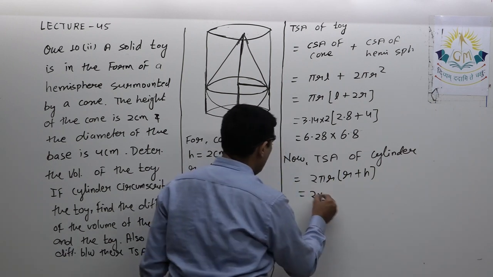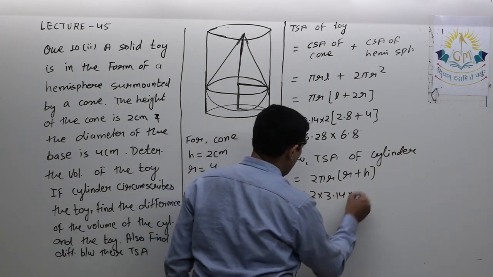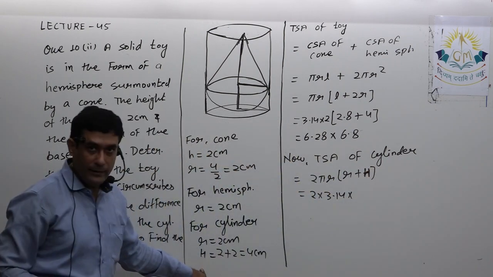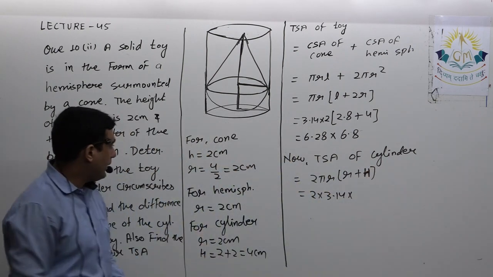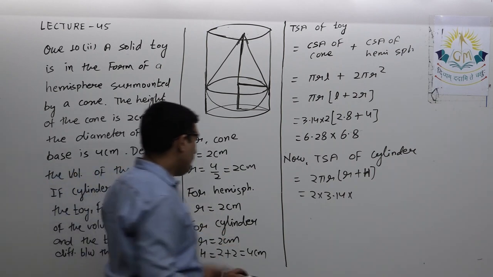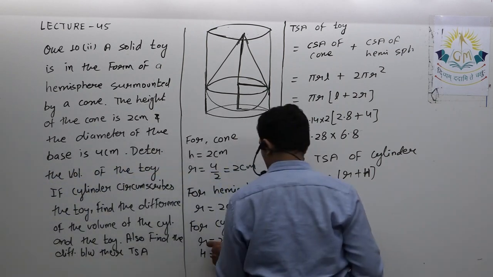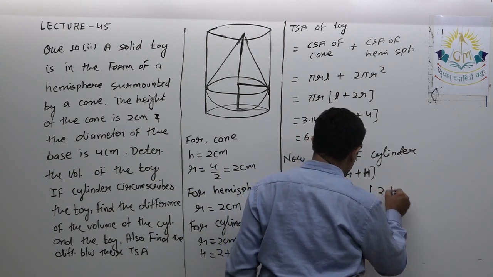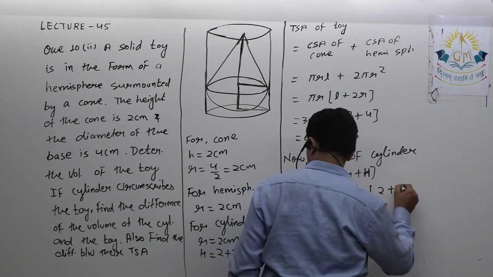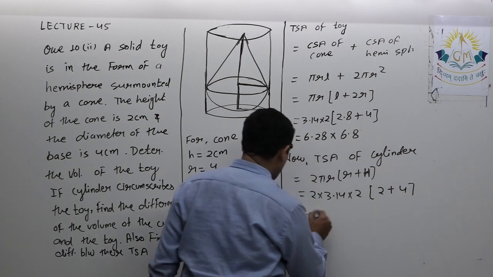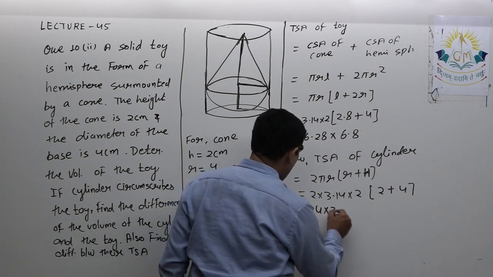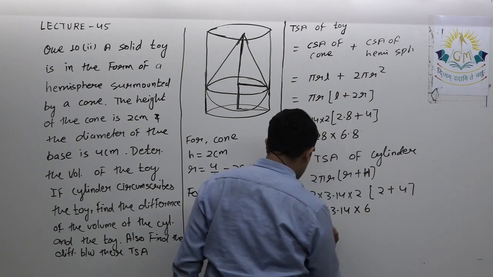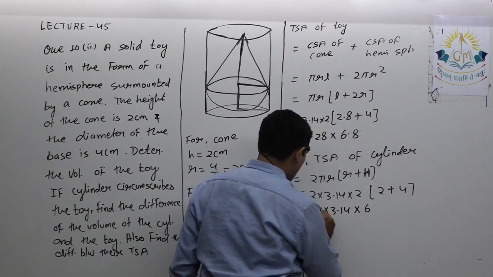So 2 into 3.14 into, here again I am using capital H because for cylinder height is different, so I can't use the same symbol. R for cylinder is 2 and H is 4. So this gives you 4 multiplied by 3.14 multiplied by 6.